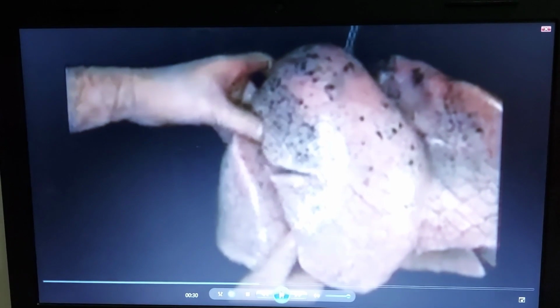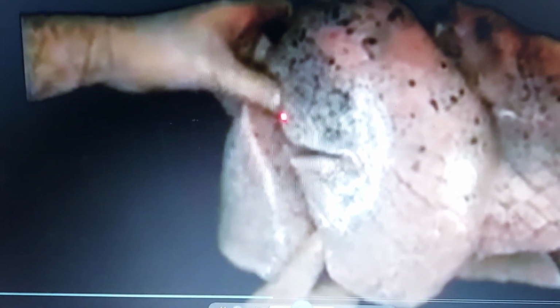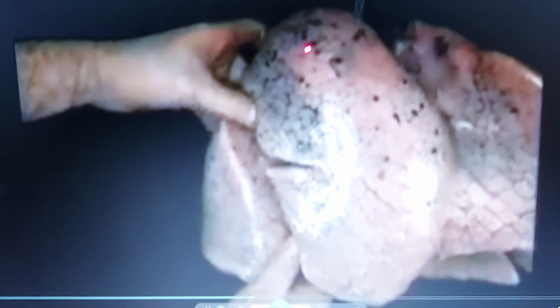If we examine the right lung very closely, we can see that there are 2 fissures: an oblique fissure and a horizontal fissure. The oblique fissure and horizontal fissure divide the lung into 3 lobes.